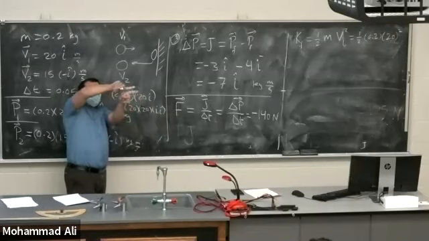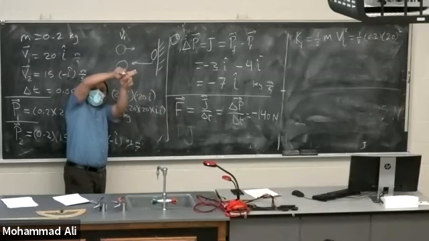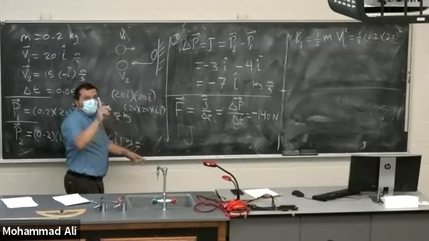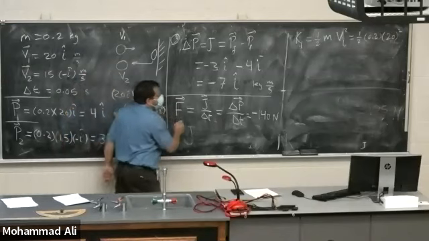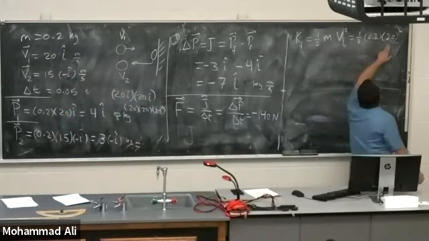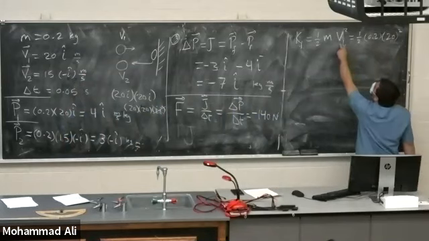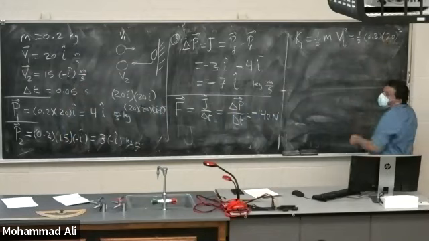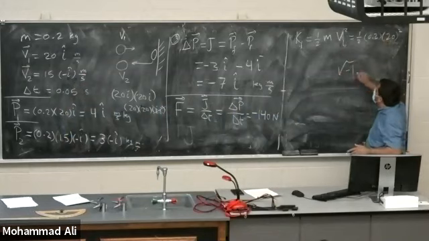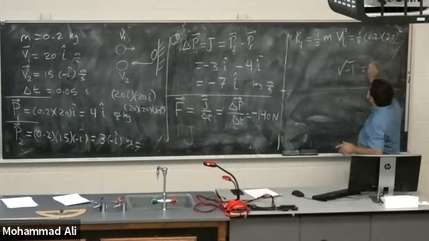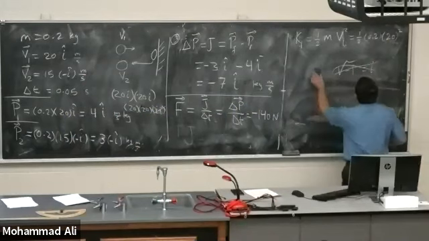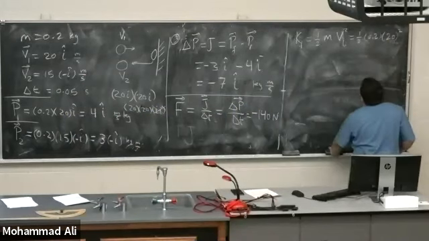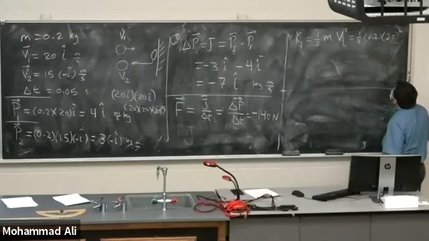I in this direction and the other i in the same direction. Theta is 0, cosine theta is 1. So it is 1. So here, when we need to square the velocity, i squared is 1. It is not the square root of minus 1. We are not dealing with this. It is the direction.